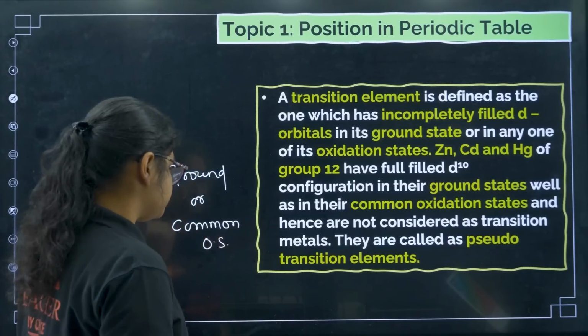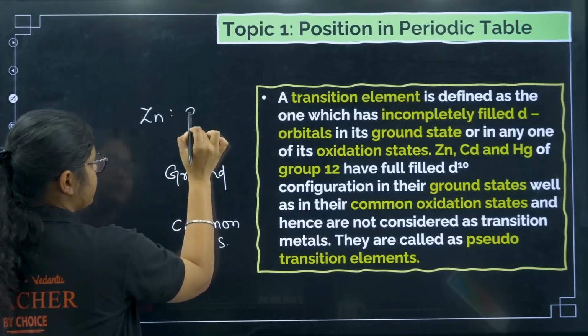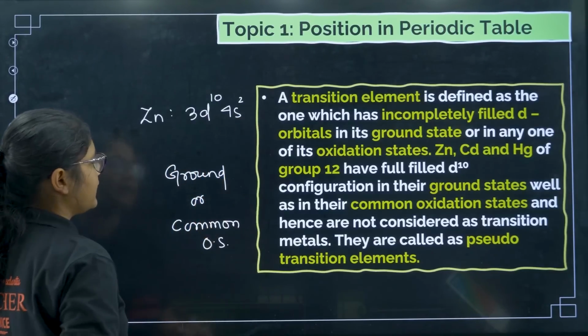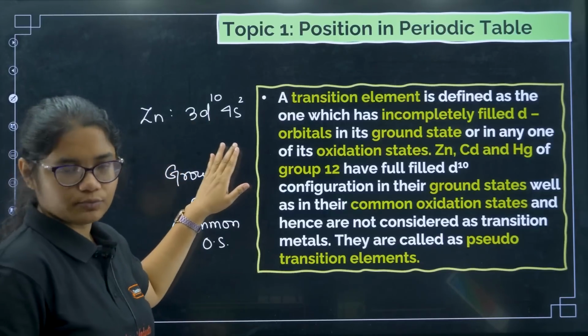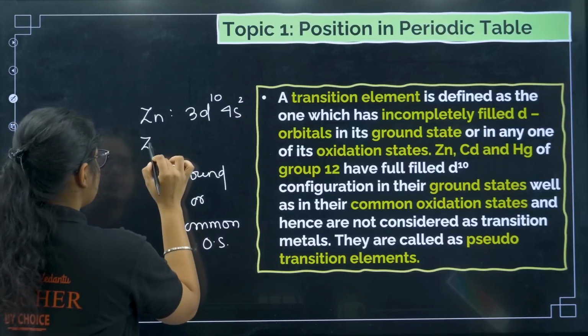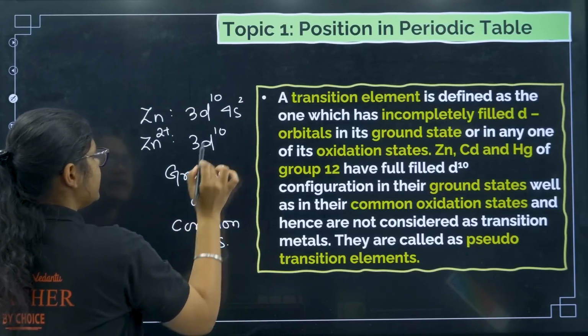Here one exception comes, that is zinc. The zinc electronic configuration, I know all of you will remember, but let me recollect: 3d10 4s2. This is the ground state electronic configuration. Now Zn2+ will be 3d10, right?